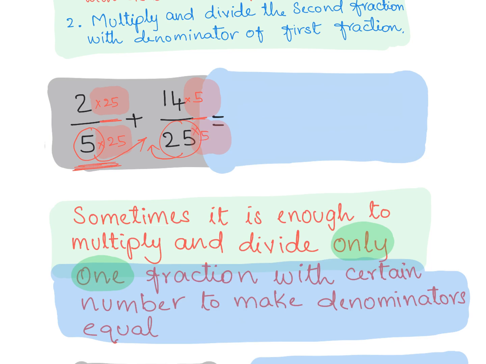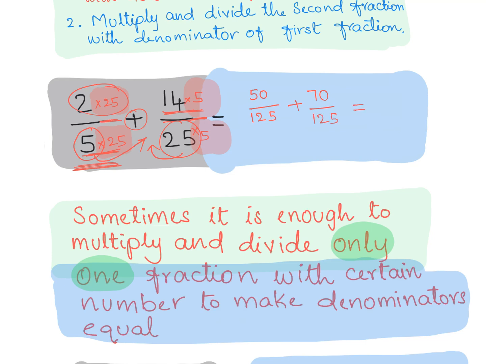So what does it give? 25 into 2, 50, by 5 into 25 in the denominator, it is 25 into 5, 125. Here is a plus, so plus the second fraction, 14 into 5, 14 5s, 70, by 25 into 5, it gives again 125.